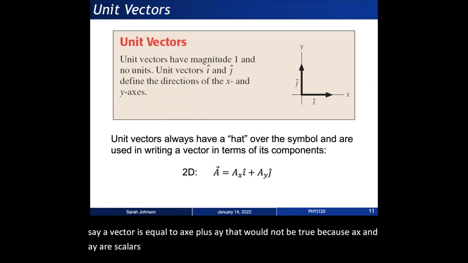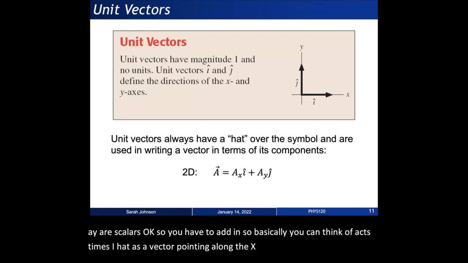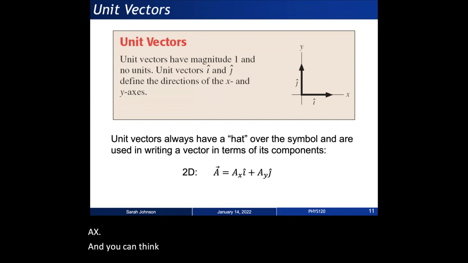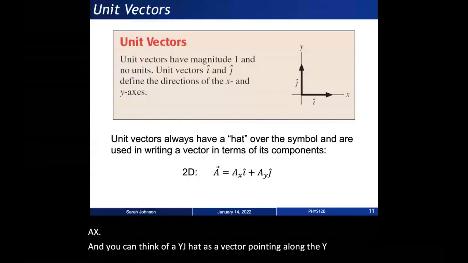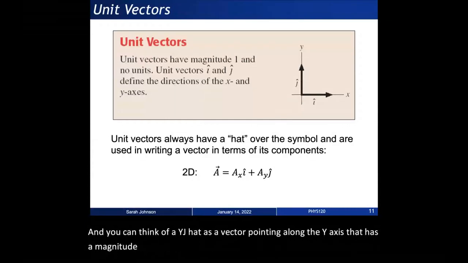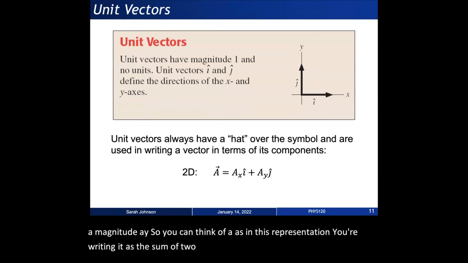So you can think of Ax times i hat as a vector pointing along the x-axis that has length Ax, and you can think of Ay j hat as a vector pointing along the y-axis that has a magnitude Ay. So in this representation, you're writing A as the sum of two vectors, a vector along the x-axis and a vector along the y-axis.